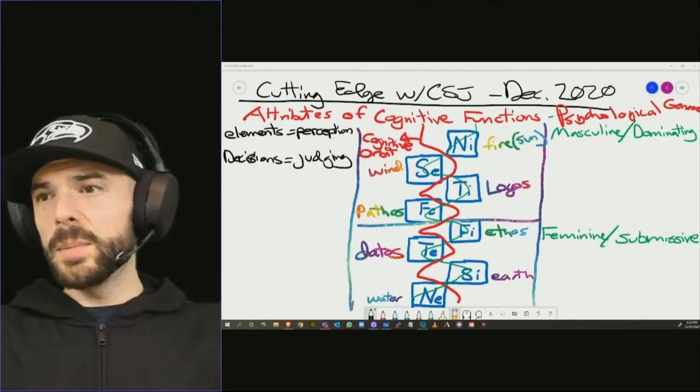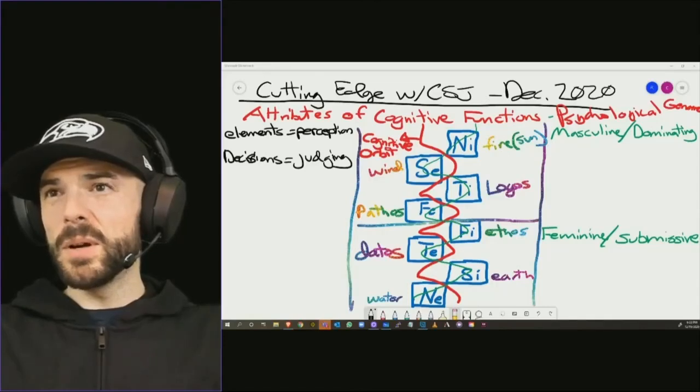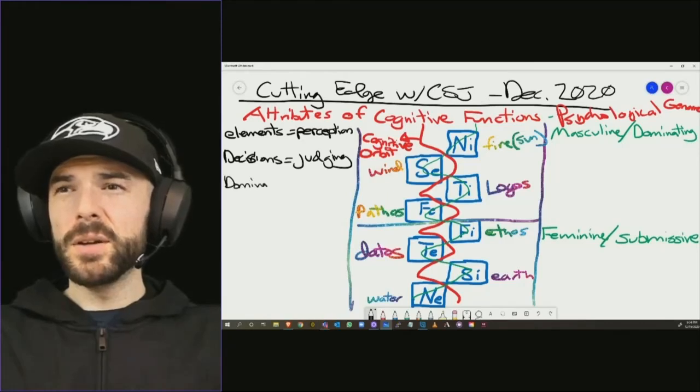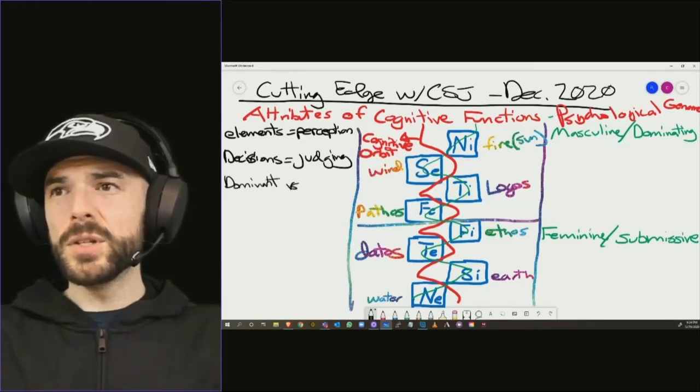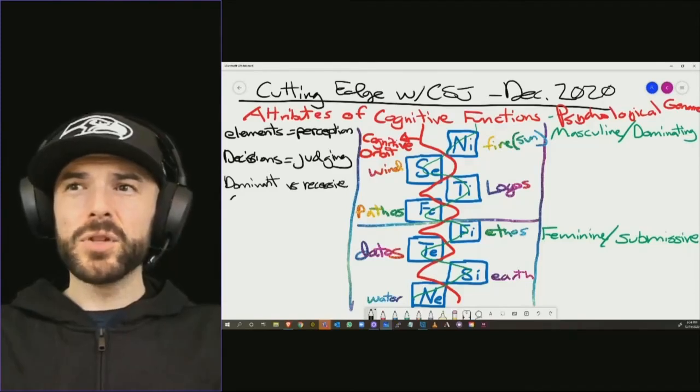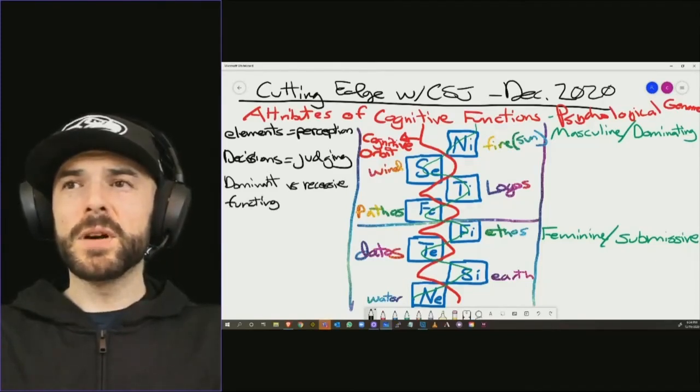So let me do it properly. We're talking about dominant. So when an ego is created, you have dominant versus recessive functions. Dominant versus recessive functions.